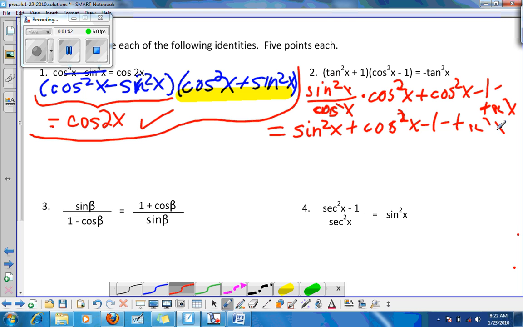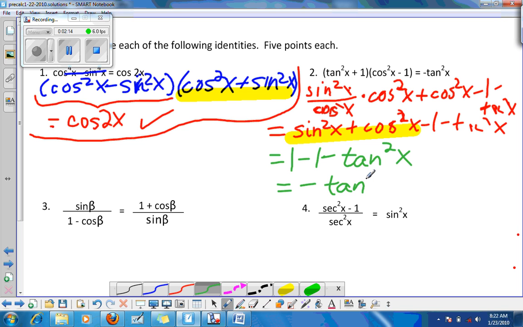Well, over here, didn't we say that the cosine squared plus the sine squared is equal to 1? So it must still be equal to 1 here. So that gives us 1 minus 1 minus the tangent squared. Well, 1 minus 1 is 0, so we're left with negative tangent squared of x, which is what we were trying to prove.